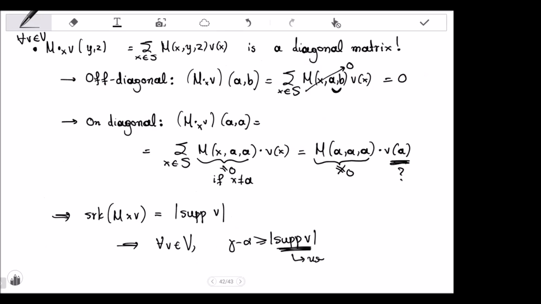So use V in the universe with maximal support. This should give you the most interesting bound you can get from this inequality, and it should tell you something about the original slice rank.